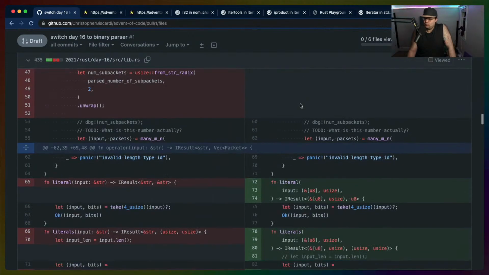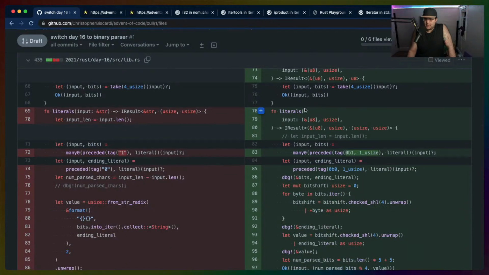I actually don't know. But the really interesting part from the binary stuff from yesterday is that the input is no longer a string slice. It's a tuple of a byte slice and a bit offset. So the offset is the offset into the first byte that we are at, and that resets over and over.